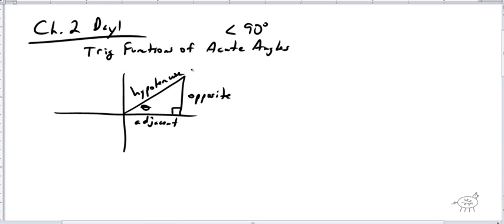And I'm sure you remember SOHCAHTOA, and that's how you had to use sine and cosine and tangent to figure out different sides or angles of a right triangle. We're going to use that right now.